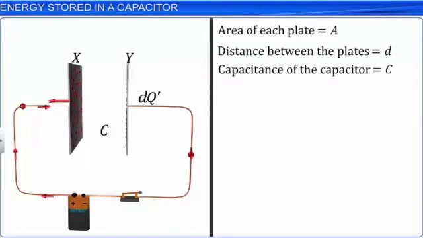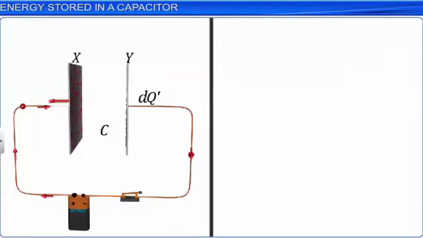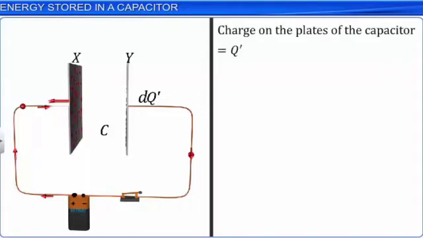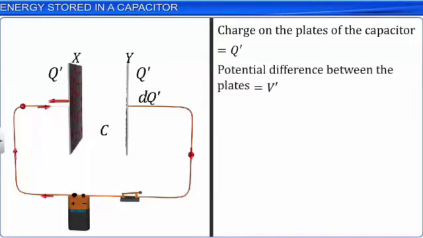Now, let us consider a state of the capacitor where the charge on the plates of the capacitor is Q' and the potential difference between the plates of the capacitor is V'. Then, Q' is equal to CV' or V' is equal to Q'/C. Let this be equation 1.